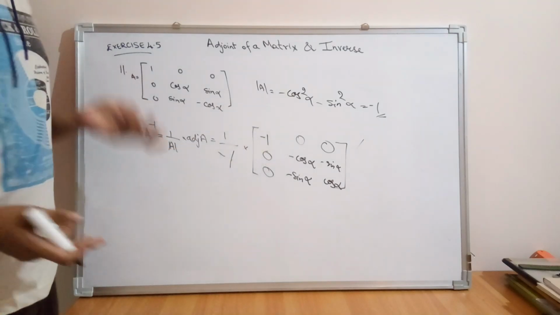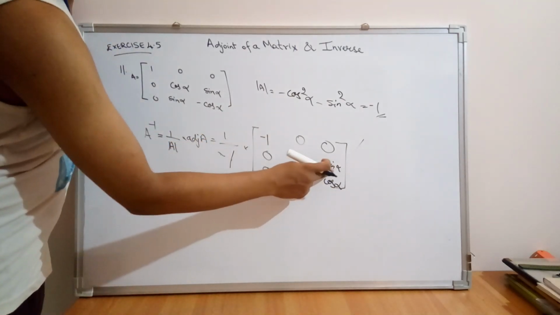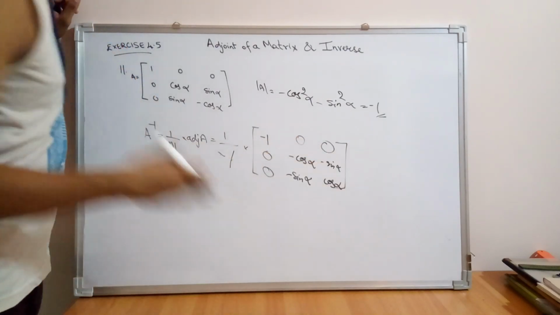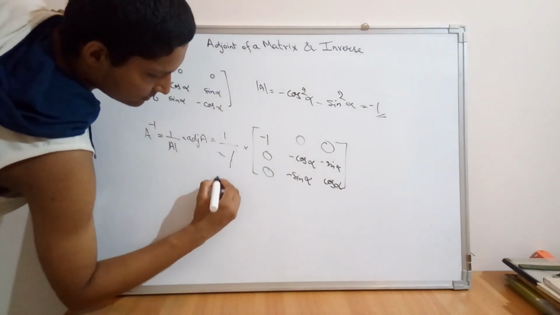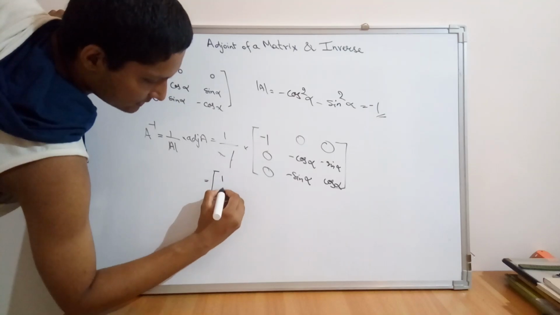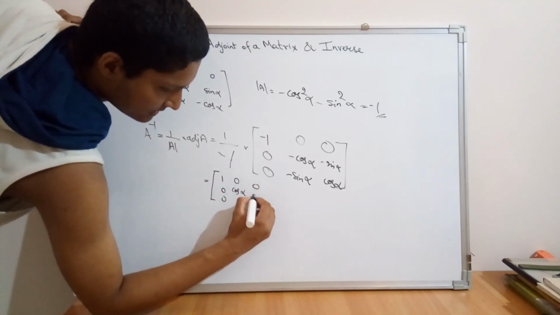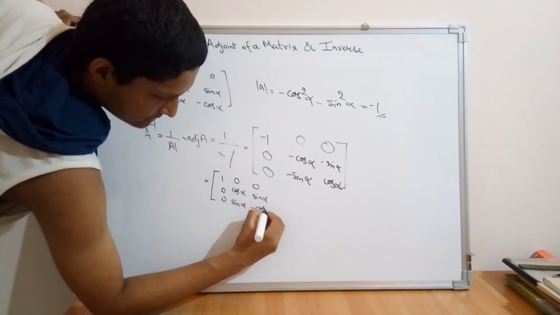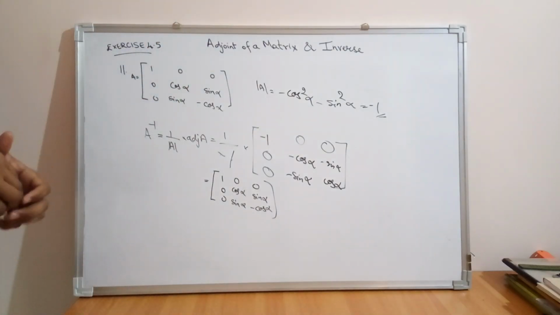Since the matrix is symmetric, I need not bother because the diagonal elements do not change. These elements are equal, right? Therefore, this transpose is not at all required over there. Then I'm going to consider the minus sign. So 1 0 0 0 0 cos alpha sine alpha minus cos alpha. Okay, this much is all about finding the inverse of the 11th question.